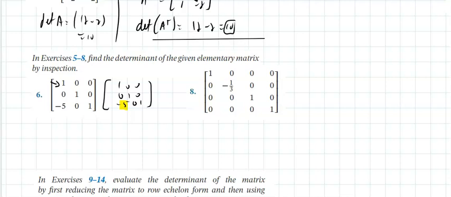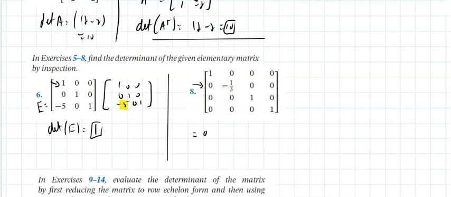If it's elementary, let's call it E. The determinant of this elementary matrix is simply 1, it doesn't change. Remember, you could multiply a row by any number and add it to another row.